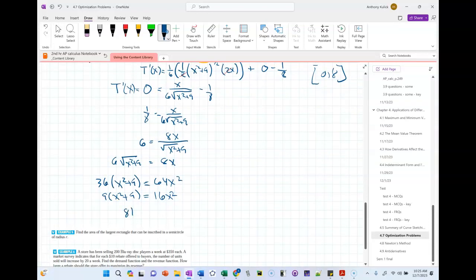So I'm going to have 81, and when I subtract that over, that's going to be 7. So x is going to equal the square root of 81 over 7, plus or minus. But we don't want the minus, right? Because x is a length. Remember, x is the distance from directly across the river that we're going to land.